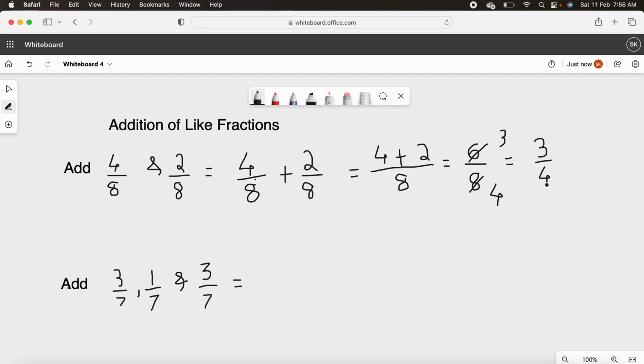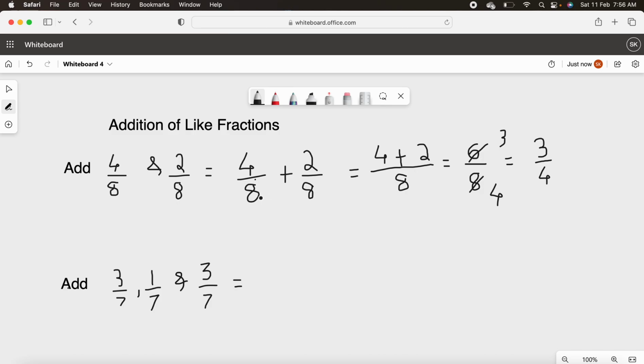I'll repeat this again, boys. 4 by 8 and 2 by 8, they are like fractions because they have the common denominator 8. First step is you need to write a plus sign instead of "and". 4 by 8 plus 2 by 8. Now second step, since the denominators are common, you just write the denominator as 8.